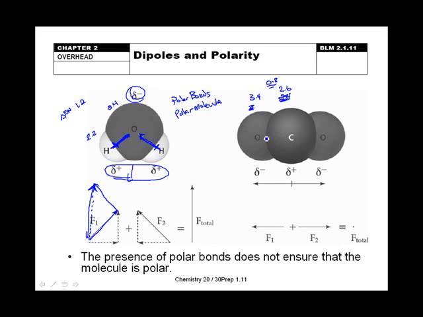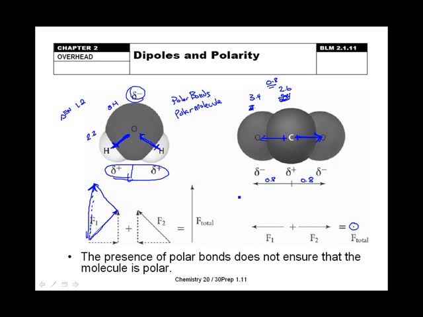It's still polar bonds. But if we take a look, the polarity of one bond is pulling in this direction. That oxygen is pulling on the electrons harder than carbon, and the other one is pulling in this direction. The other oxygen is also pulling on electrons. So what we have is a tug of war, and both forces are the same. There's a 0.8 force pulling in one direction, a 0.8 force pulling in the other direction, so our net pull is 0.